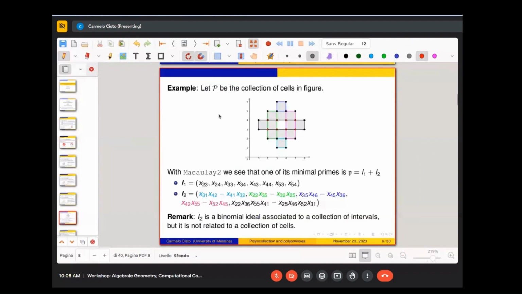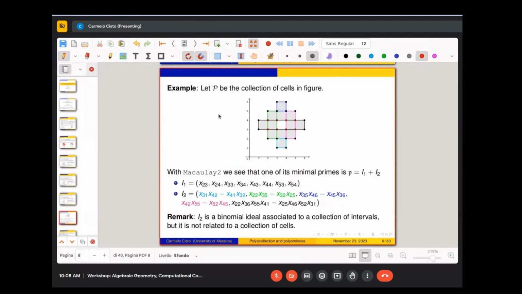For instance, there are many known results about the primality of the ideal, about the Groebner basis of the ideal, or also about the regularity function of the polyomino ideals. You can see something about this in the next talk of Francesco Navarra, something about the regularity function.